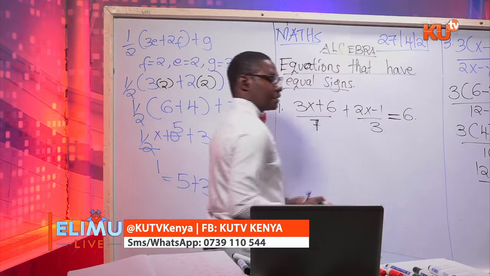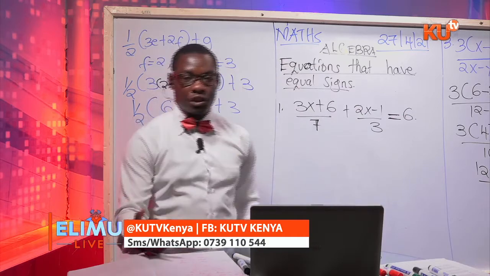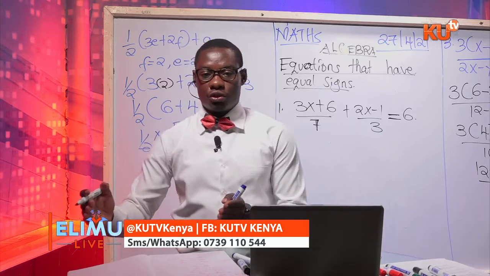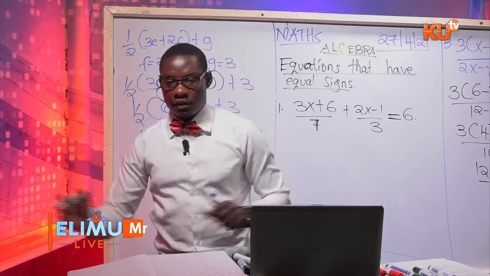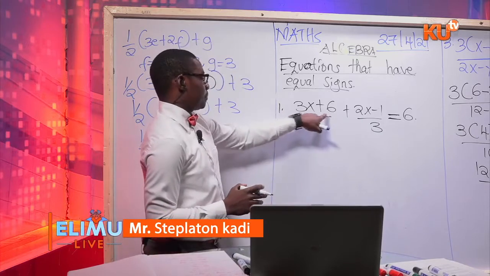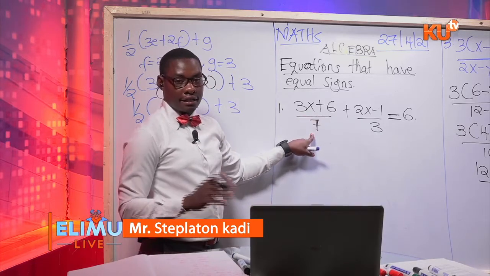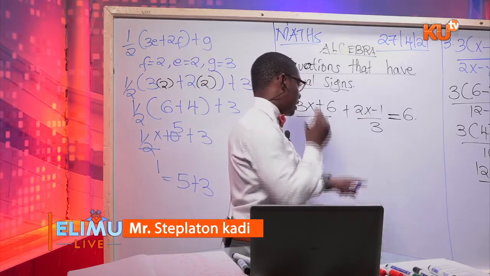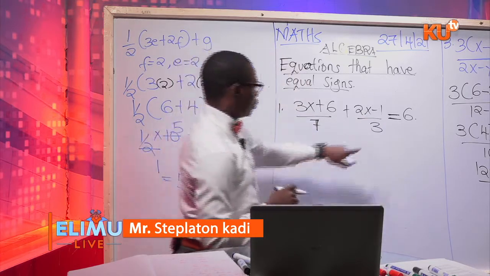There are instances where you can have questions in the form of fractions. We have two fractions, then we have an equal sign and a value on the other side. Like this question, we have (3x plus 6) over 7, plus (2x minus 1) over 3, is equal to 6.